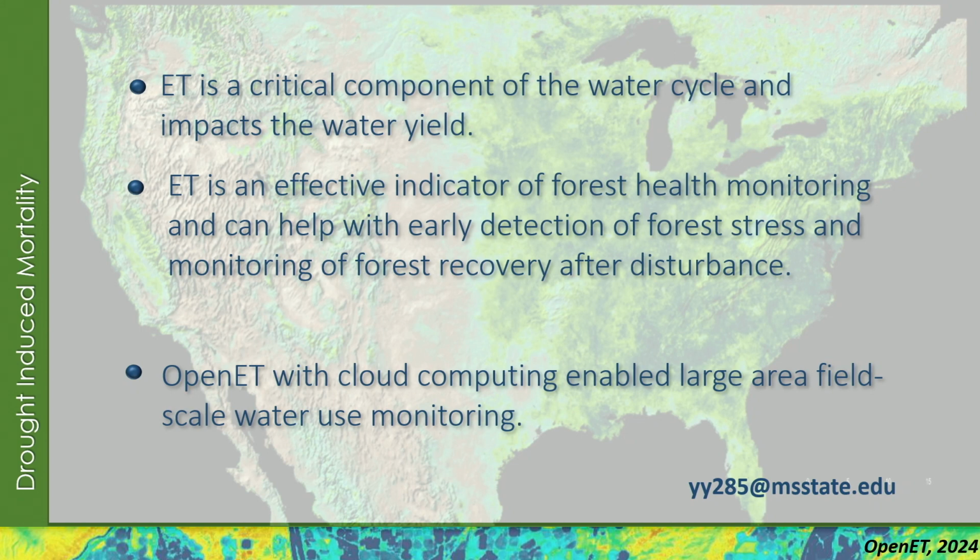Thanks. So this question is in regard to the application of OpenET. You gave 2 examples, again, in the Western US about large-scale disturbances and the potential for these large area field-scale applications.